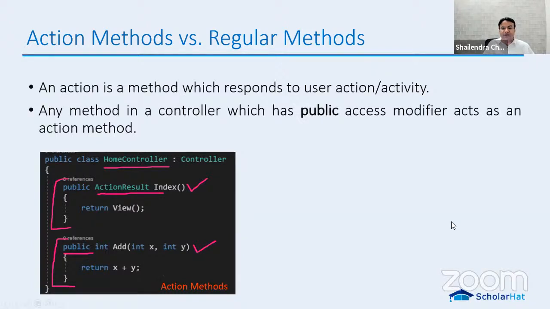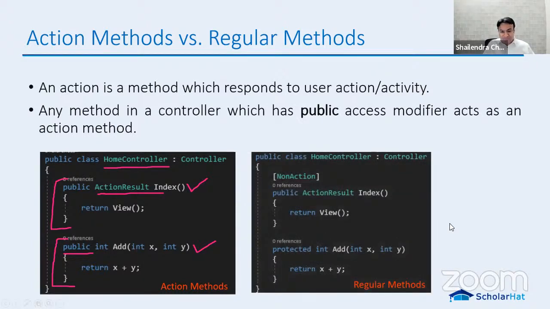Any method which does not have public as its access modifier, say in this picture we have a protected access modifier here, and we have decorated another using the NonAction attribute. In this case, both are only regular methods, not action methods, because I cannot call these two methods from the URL.